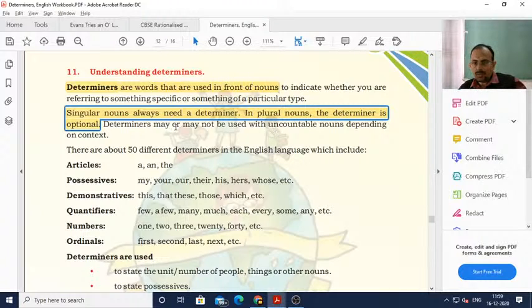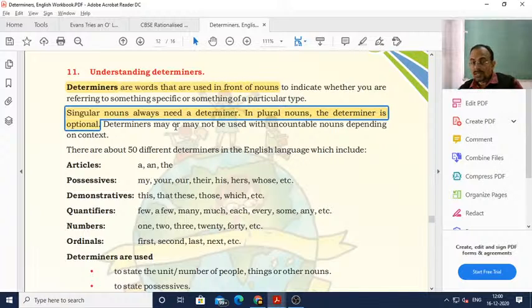Countable and uncountable nouns, you must be knowing. Countable means which you can count, and uncountable means which you cannot count. For example, countable nouns could be chair, tables, books, or anything that you can count, and anything which names something is called a noun. Uncountable nouns are those which you can only measure, or which show the quantity of something, like much, enough, plenty.